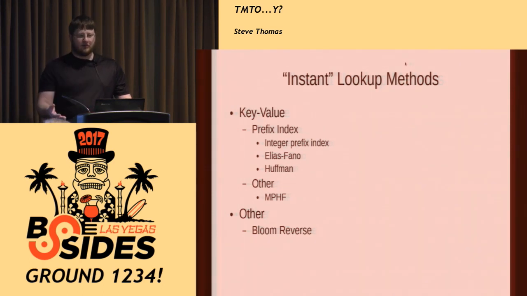So every lookup that you did into it would cut the key space in half. To cut the key space in half, you had to store 1.44 bits for every password.